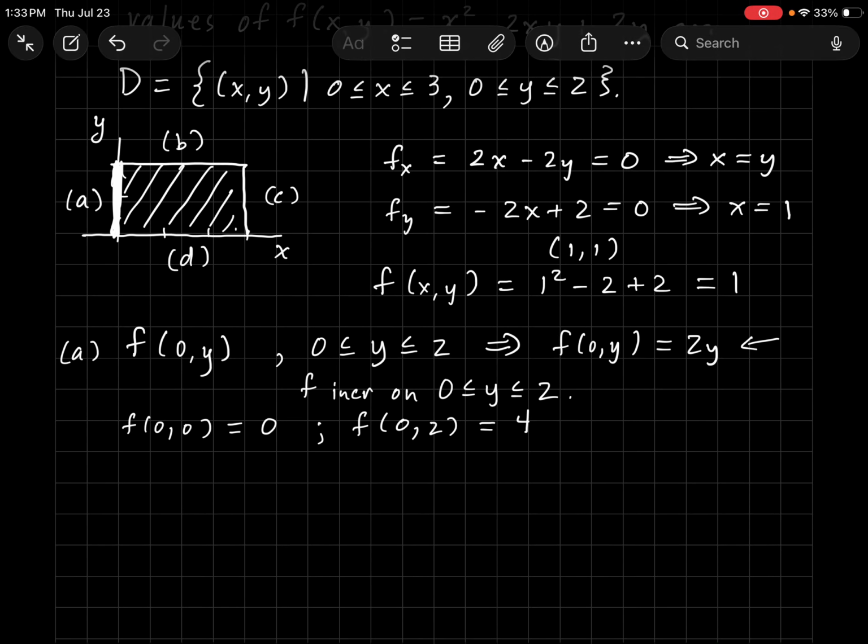All right, now let's find part B. At part B, we don't know what x is, but we know that y always equals 2, and this is for x between 0 and 3. So let's find f of x comma 2 on the interval 0 to 3.